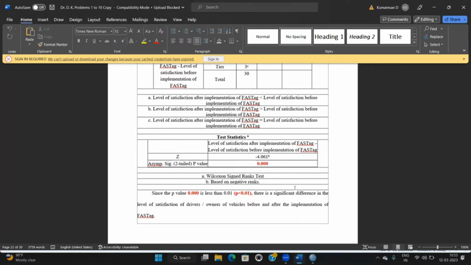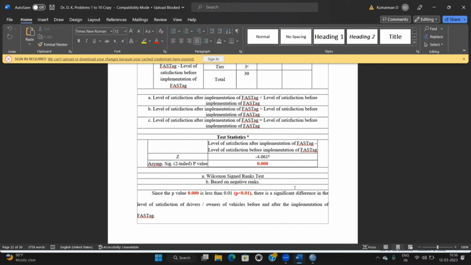Yes, it is less than 0.05. Of course, it is also less than 0.01 because the P value is 0.000.